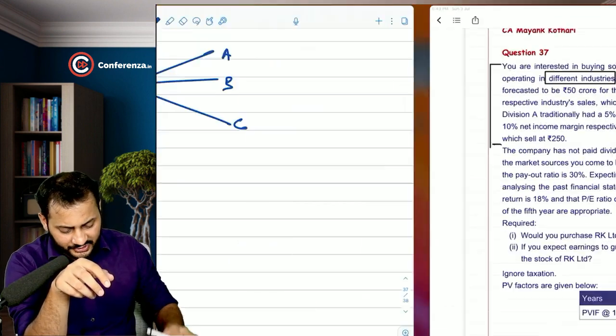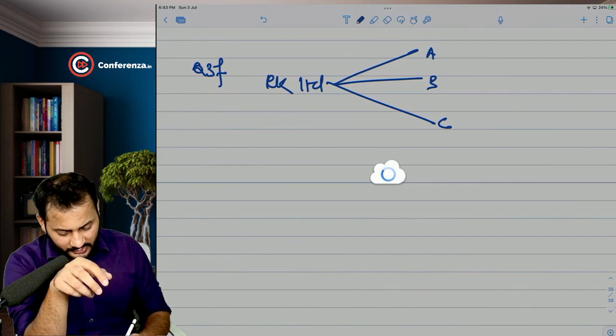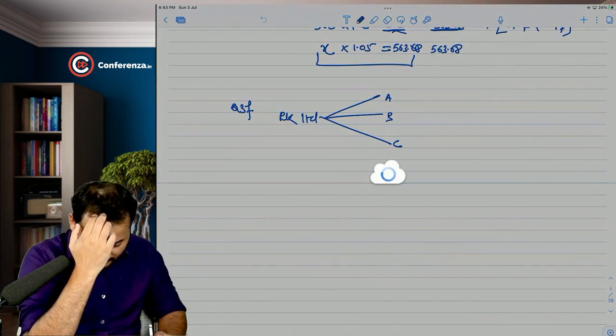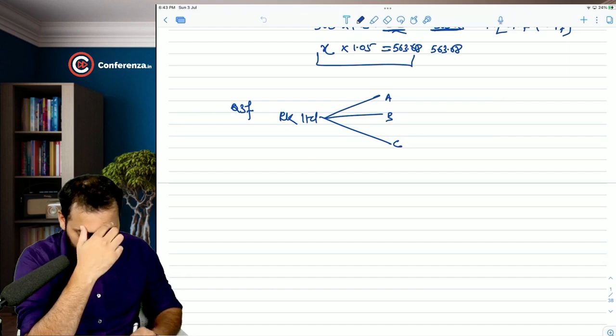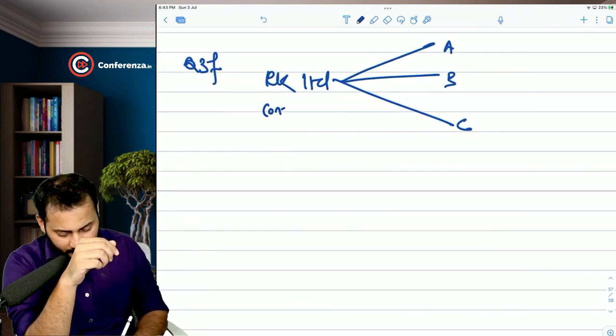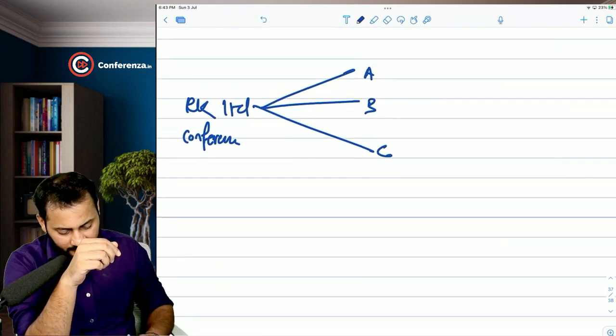You just imagine RK Limited as Conferenza. Okay. There is something happening. RK Limited is Conferenza. And these are the three divisions.